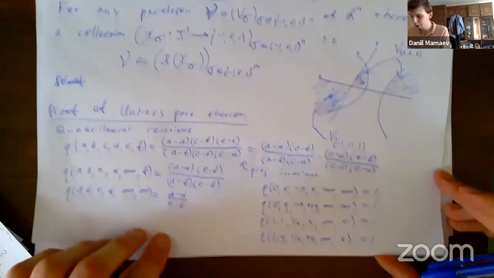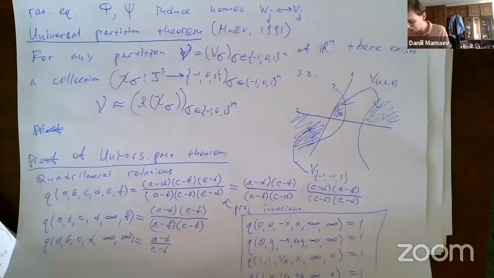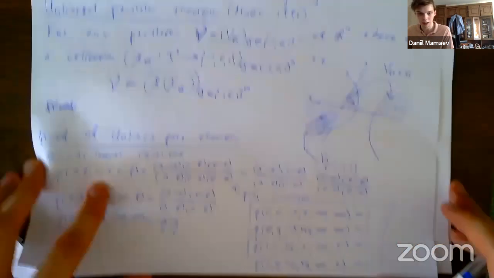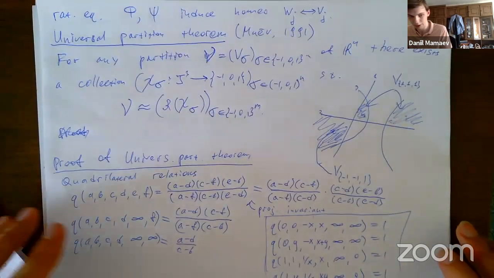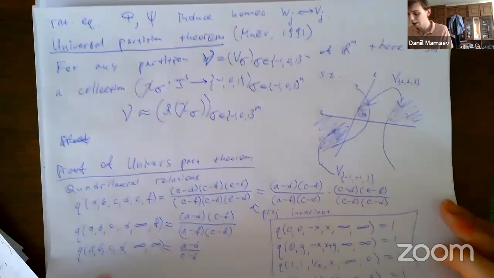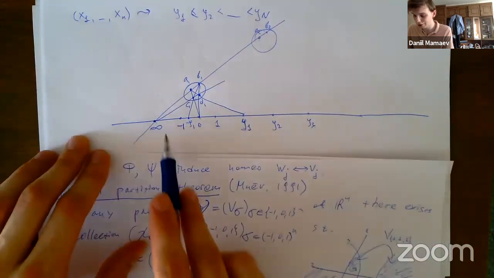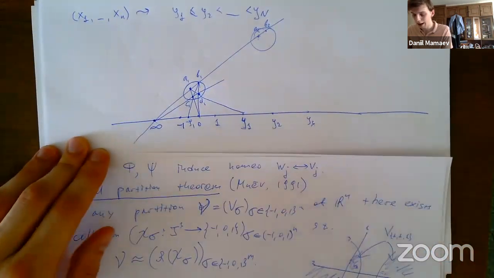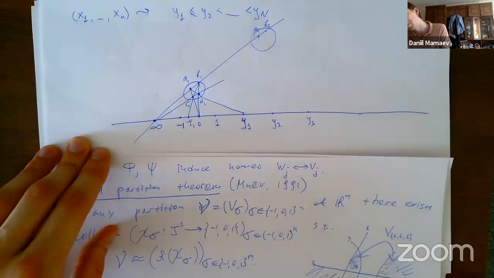Okay, what quadrilateral relations do we really need? We need this one. And one may say that these are only cross ratios. Well, yes, but look, we have this picture, and how to put it better?